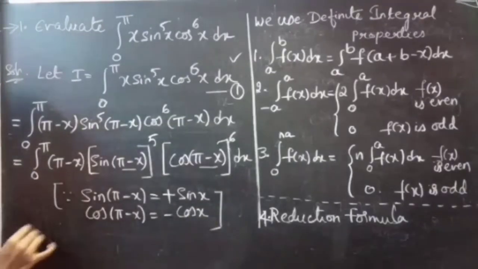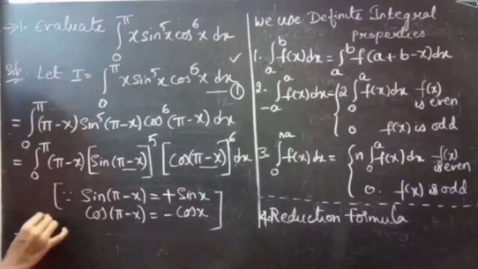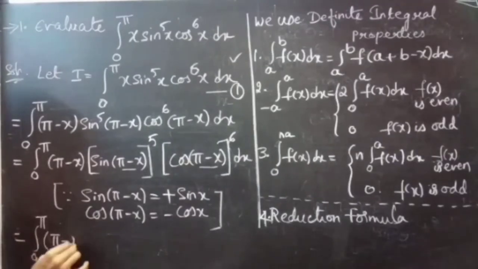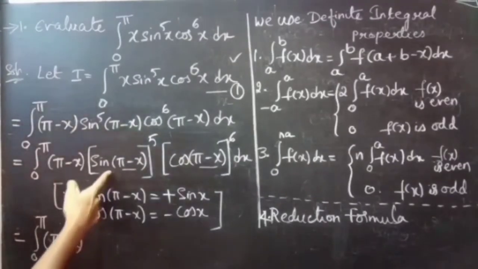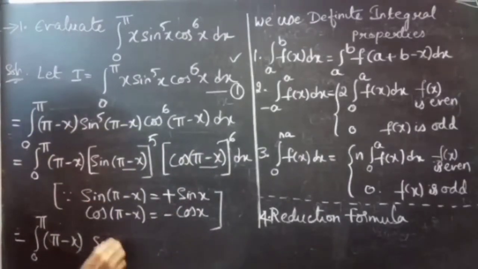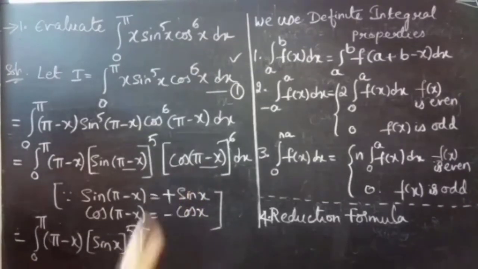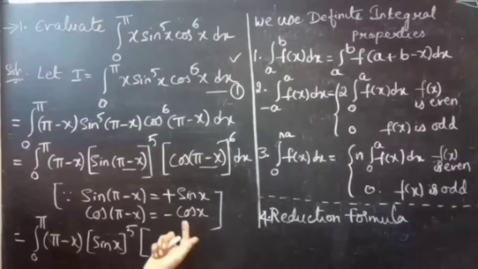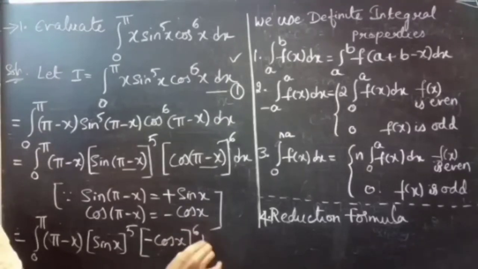So this equals integral from 0 to pi into pi minus x. Now replace sine of pi minus x with sine x, sine x whole power 5 into, now replace cos of pi minus x with minus cos x, so minus cos x whole power 6 into dx.